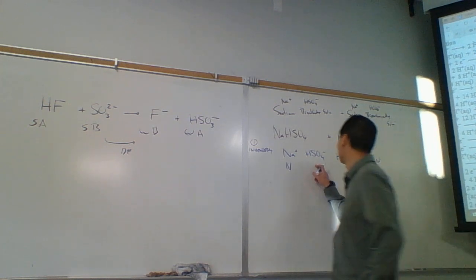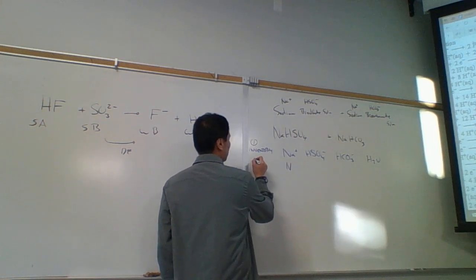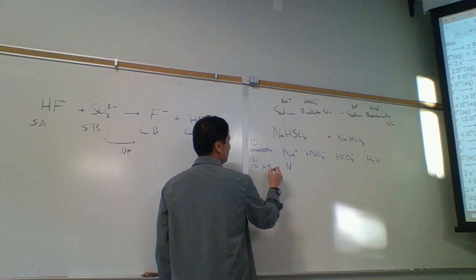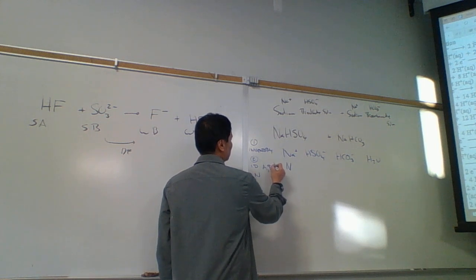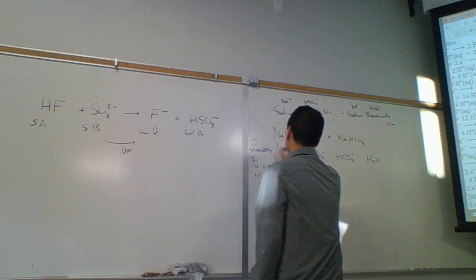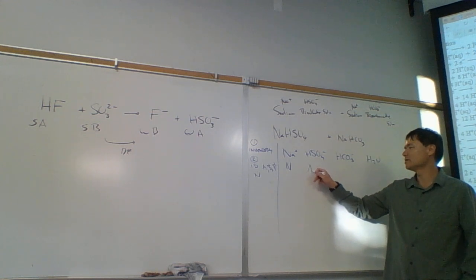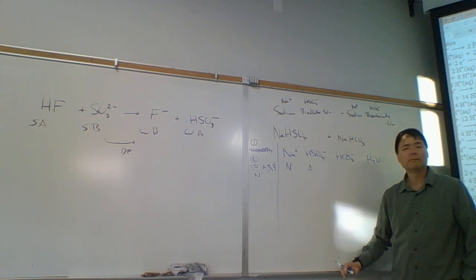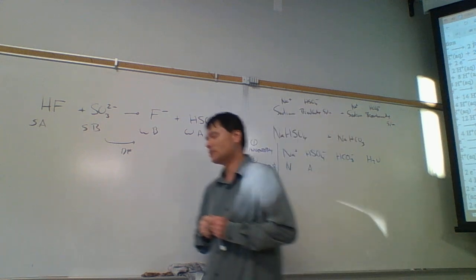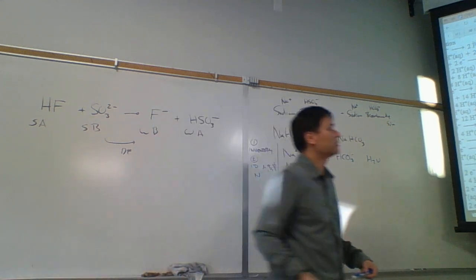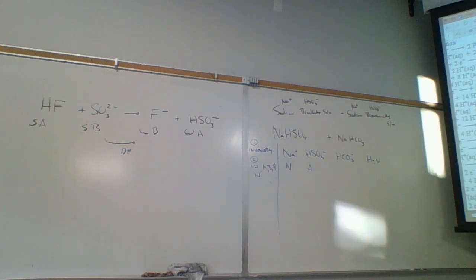So this is our inventory. Then we identify acids, bases, and neutral species. Sodium is a neutral species. Bisulfate is an acid. But you have to be careful because bisulfate is also a base. If you take a look at the top right here, you see bisulfate occurs on both sides of the chart.